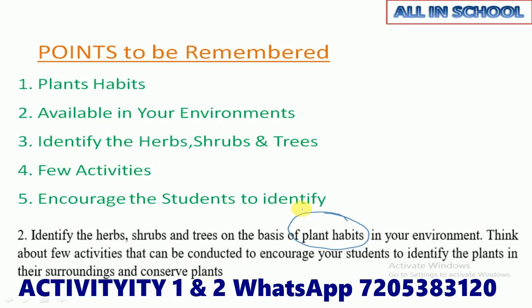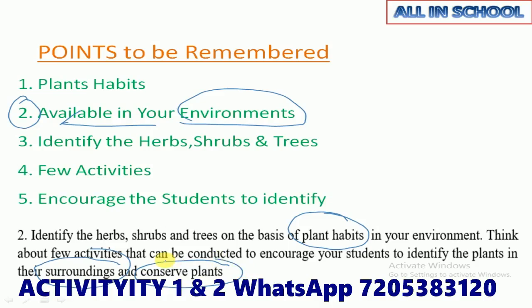Number 2 is habitable in your environments. Here you can see the question's answer. The question asks about surroundings and conserving plants. So surroundings means the environments of these children, the environments of your students.